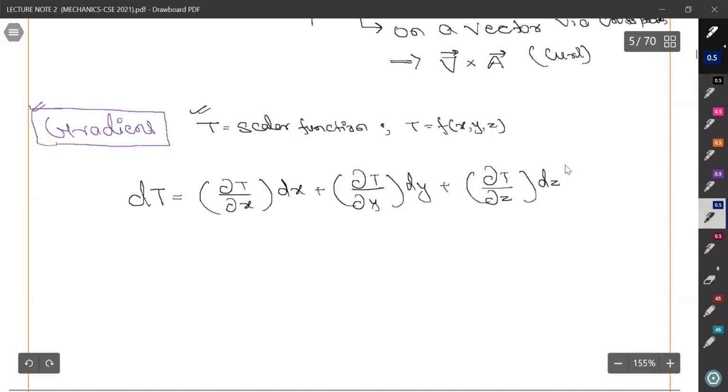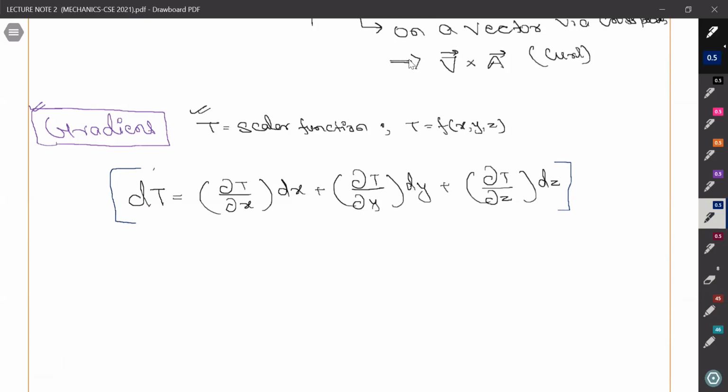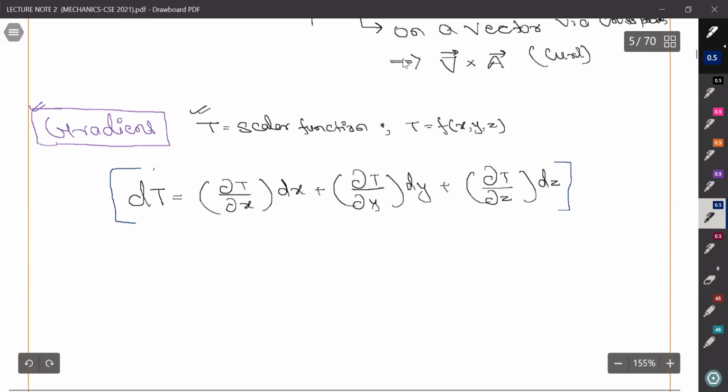Basically, what does this tell us? This tells us how T changes when we alter all three variables by an infinitesimal amount. For example, suppose this is the x coordinate, this is the y coordinate, this is the z coordinate. We are not talking about gradient now.